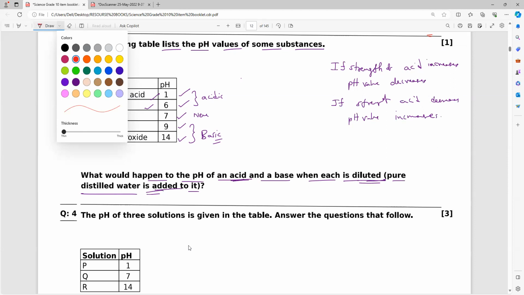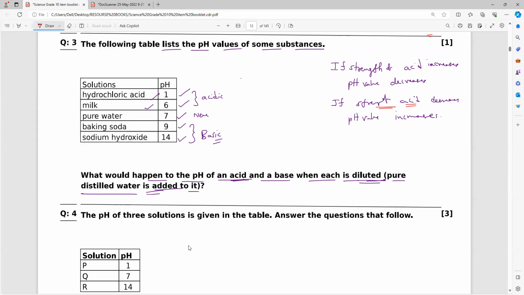Please remember, by diluting the acid, the strength is decreasing. So the pH value increases. So by diluting the acids, the pH of an acid increases.